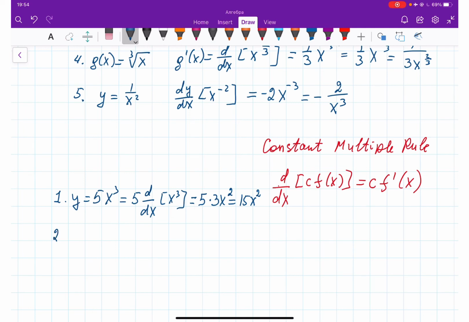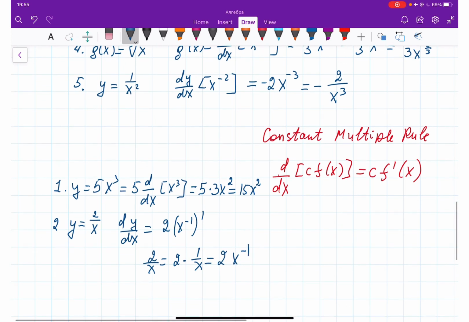Next one, y is equal to 2/x. So we are getting dy by dx, which is going to be 2. It's going to stay because it's a constant. And x, I'm representing as x to the power negative 1, prime. Because 2/x, I can write down as 2 times 1/x, and 1/x is going to be x to the negative 1.